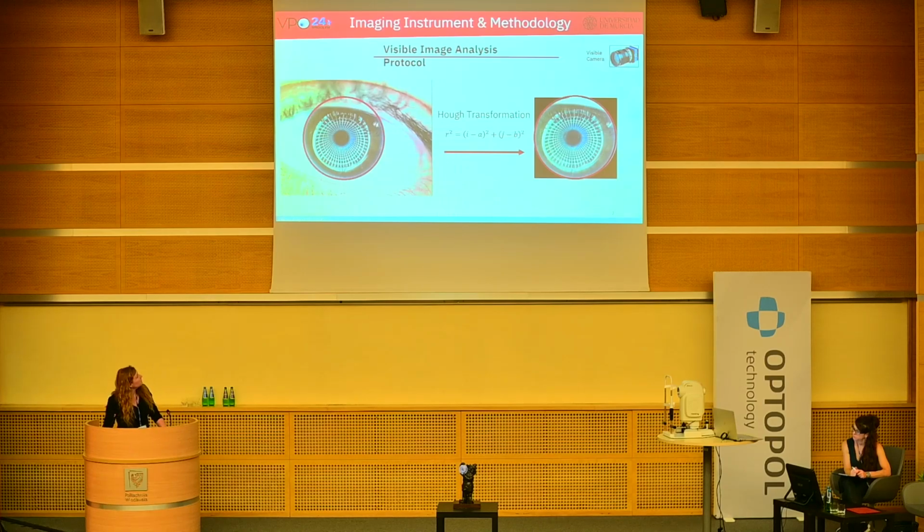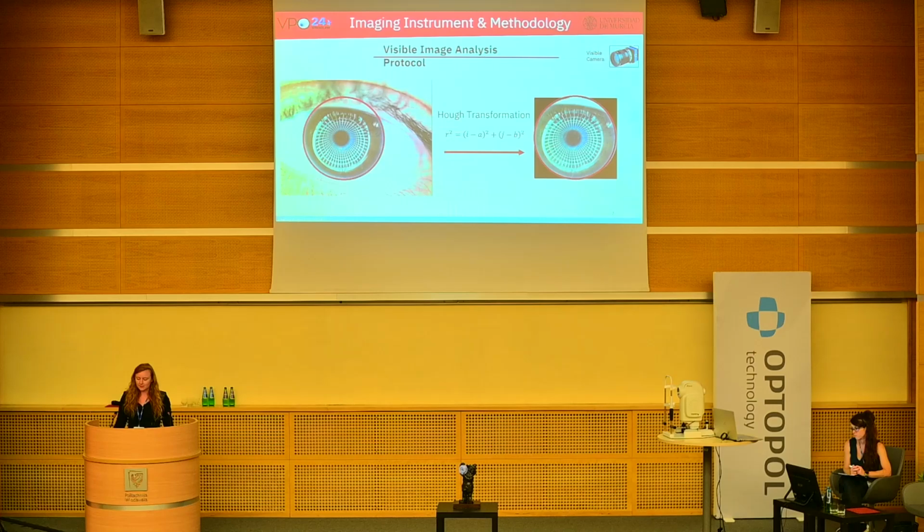So, a little bit more first about the visual image analysis protocol, which is identifiable with the red color throughout this presentation for more clarity. The region of interest of the ocular surface, specifically in our case the limbus, is detected using a circular Hough transformation.